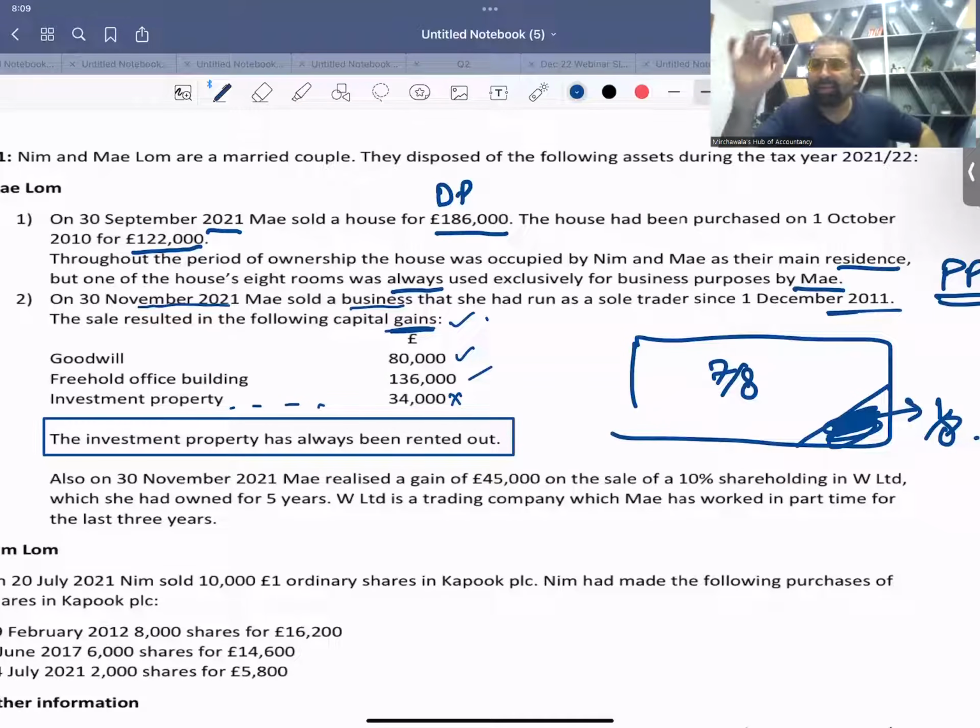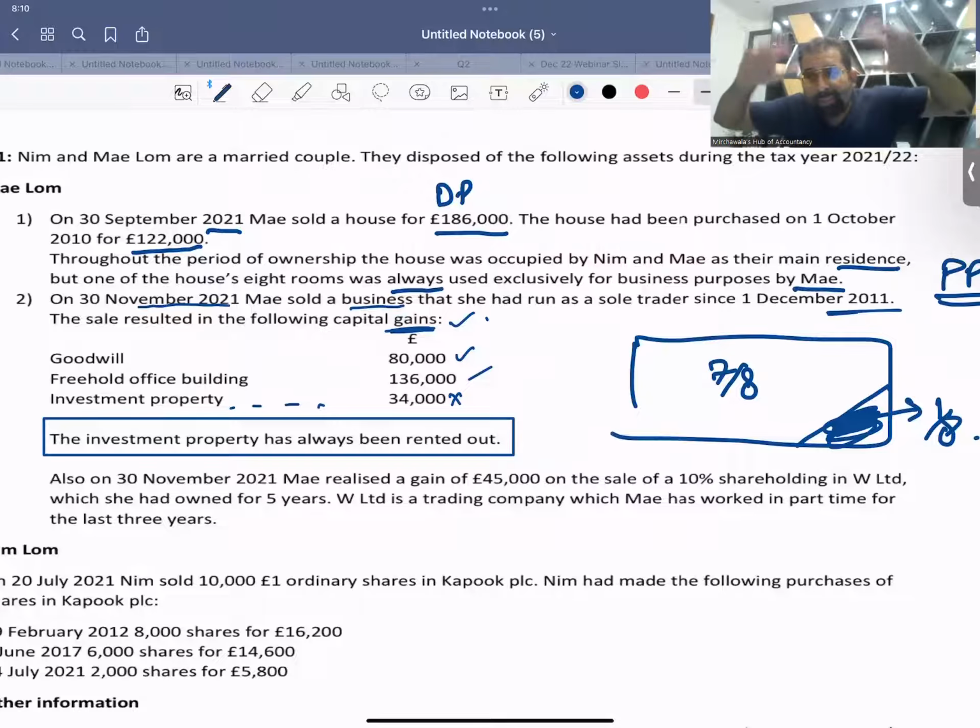Listen. When you sell a running business and you have been owning it for the last 2 years, you have met the first criteria and you are eligible for BADR, right? But now you have to check the details.